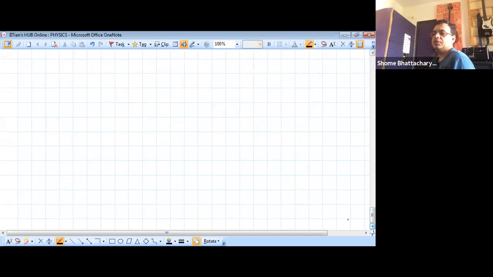So let's understand this with snapshot pictures. At some instant, let us say our string is in this kind of situation. Its shape is like this.